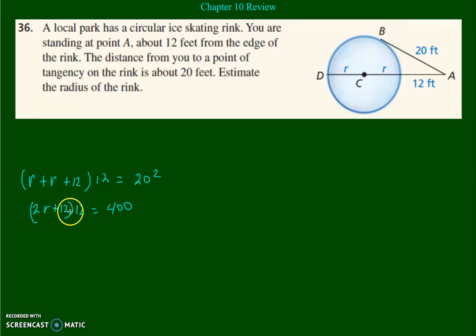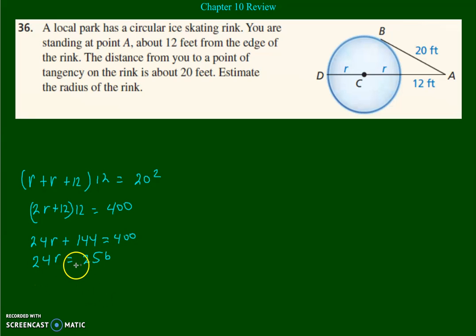Now we can multiply through. This gives us 12 times 2r is 24r, plus 12 times 12, 144, and that equals 400. Now we subtract 144. 24r equals 256.